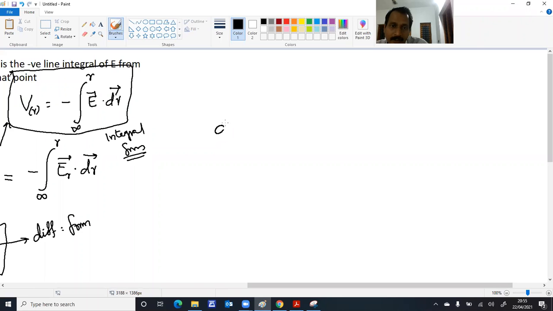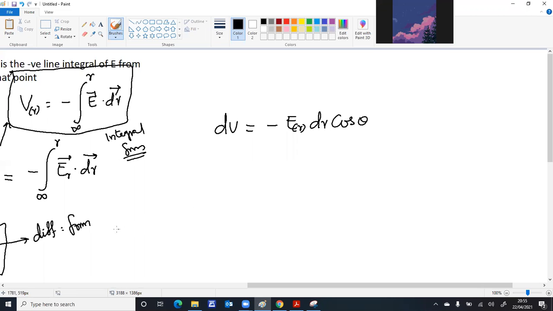We have a relation dV equal to minus E dr cos theta. Fine. Yes, sir. I'm moving from infinity to r. Okay. So what is the potential of infinity? We are starting from infinity to move a charge when you find the potential, right? Yes, sir. That is by assuming infinity potential to be zero, right?